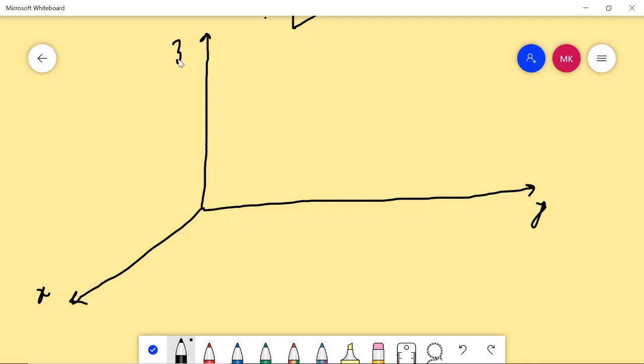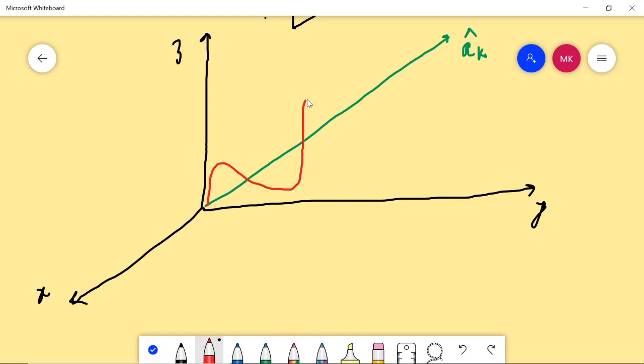Okay, now the wave is propagating in a particular direction. So let's take that this wave is propagating in this direction here, and this direction we denote by the unit vector AK. So now the electric field vector is varying in this fashion here at a particular instant of time.